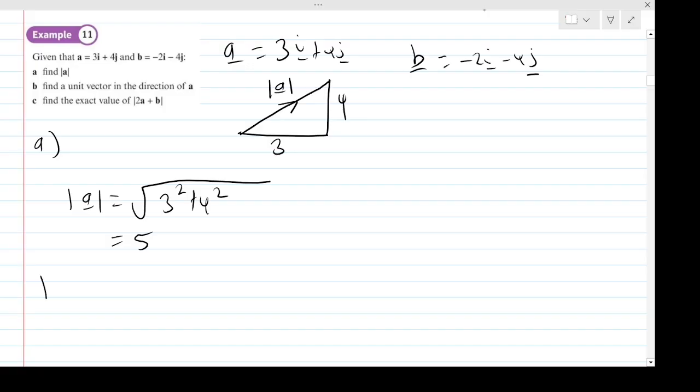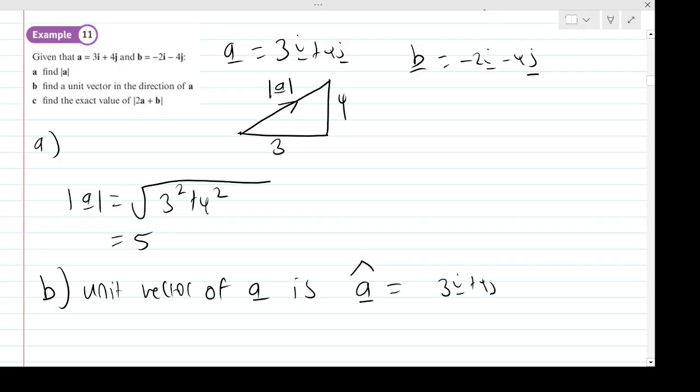Cool. Part B. It's then asking us to find a unit vector in the direction of A. So it wants us to find the unit vector of A. And so this is going to be this A hat. This A hat is going to be the vector A, which is 3i add 4j, but we're going to be dividing it by its length, so it's divided by 5.